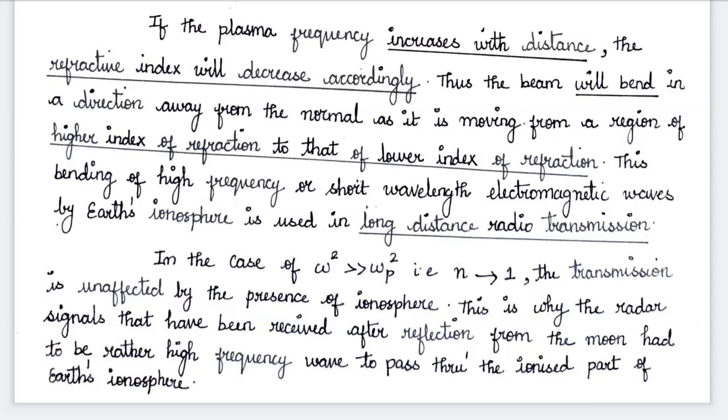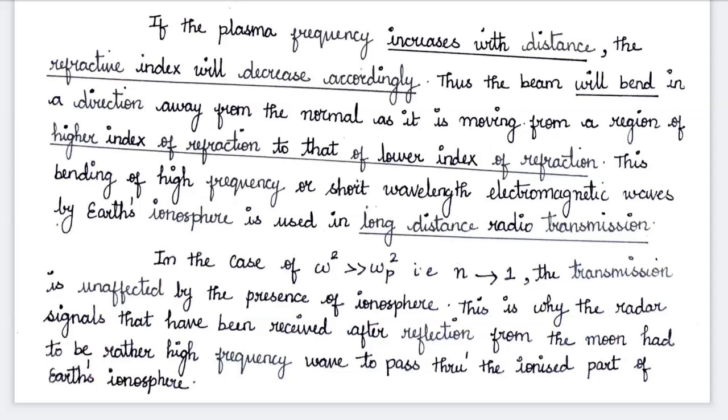Okay, you can ask me, we measure the distance of the moon using the high frequency wave. How is that possible? See, if the ionosphere is present, these waves have to be sent back to the earth, but some waves escape the earth's ionosphere and the earth's atmosphere and reach the moon.